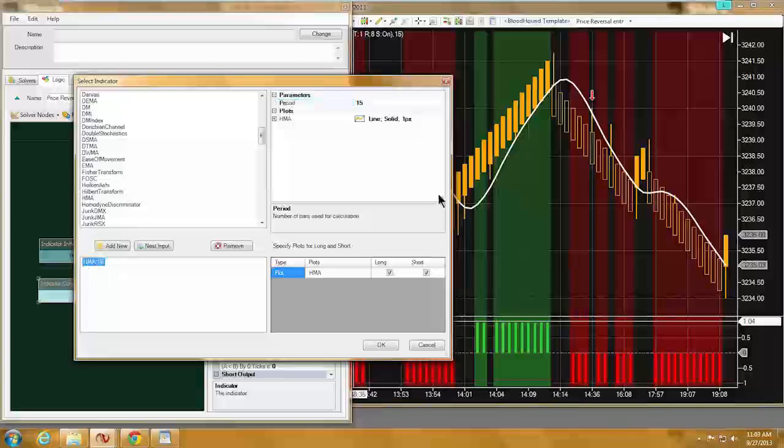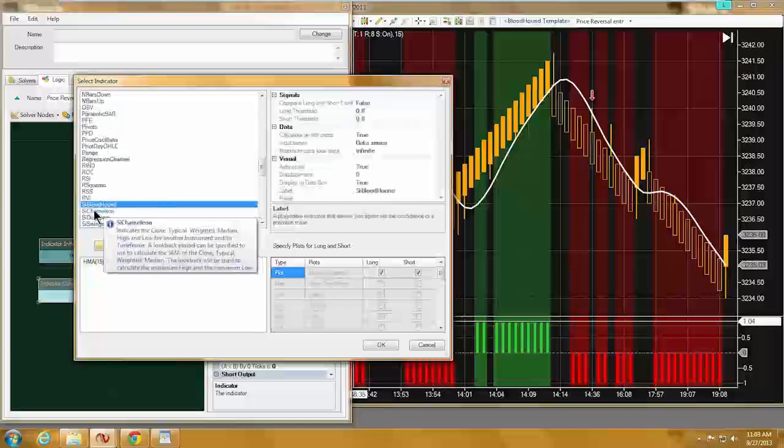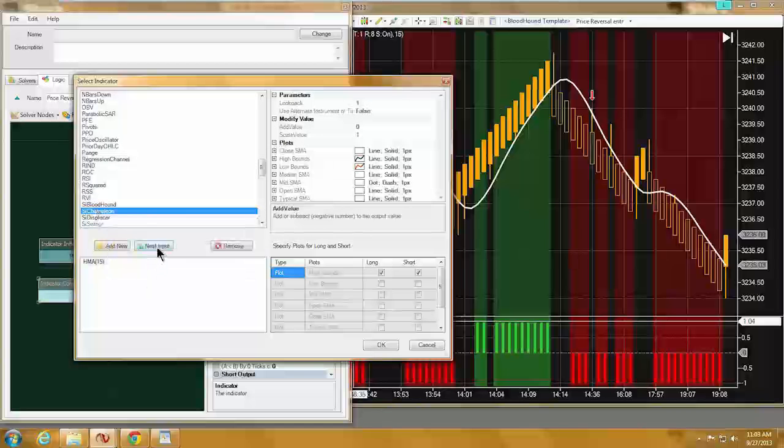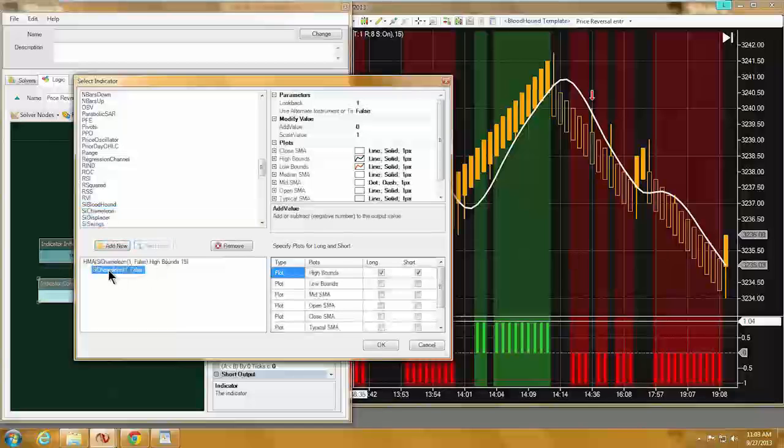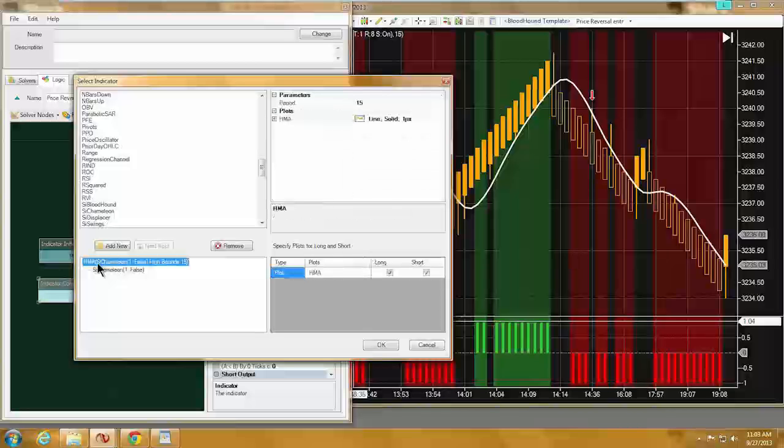Now, if you remember, on the chart I fed the opening price into the HMA. So I need to do the same thing here in BloodHound. The way I can get the opening price is from chameleon. So I can take Chameleon and nest it in, and then when I select Chameleon, I can choose the opening price. I can feed the opening price into the HMA.